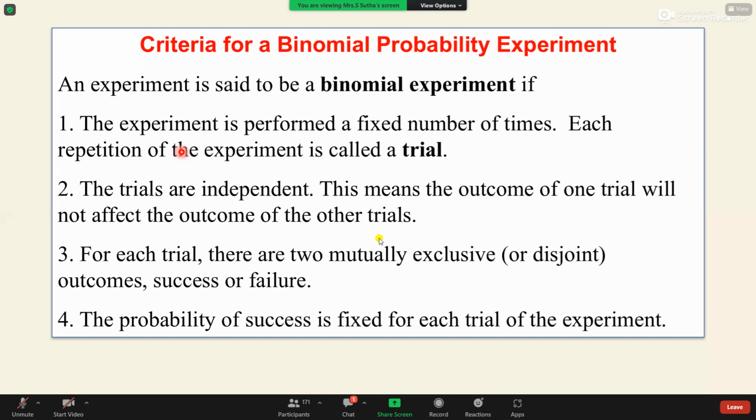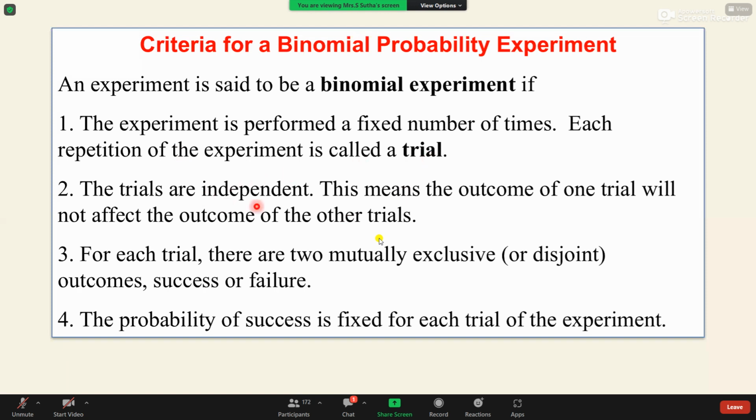Then the second time we repeat the same experiment. That is another trial. So if we toss a coin three times, then there are three trials. We perform three trials. So each repetition of the experiment is called a trial.